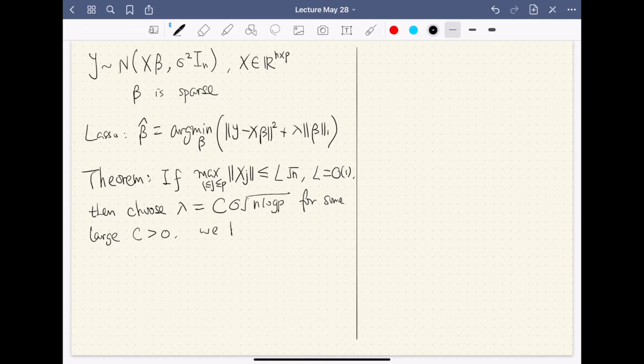We then have the following risk bound, the error bound for the prediction loss. It will be bounded by one of two terms. The first term is an error bound given by the L0 norm of the regression coefficient, and the second term is characterized by the L1 norm of the regression coefficient.